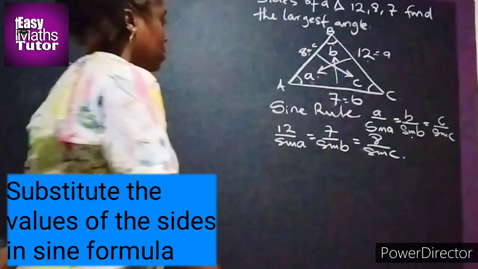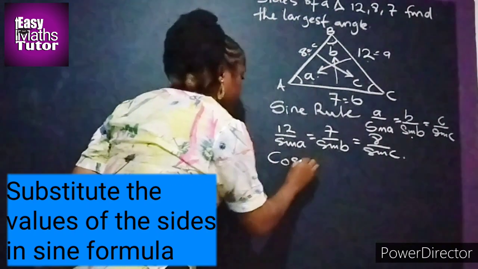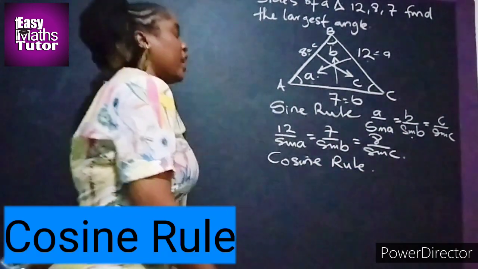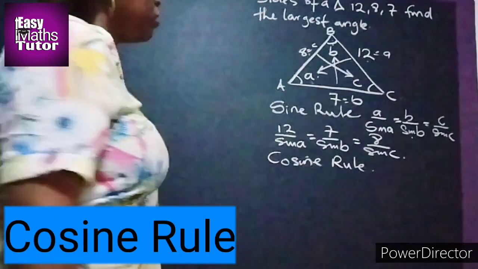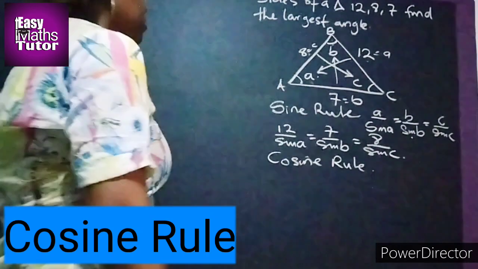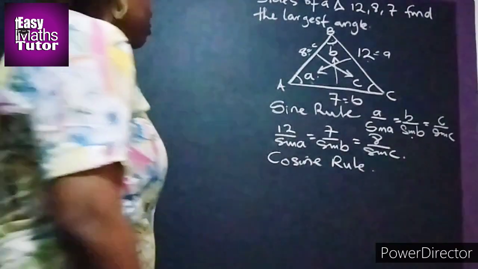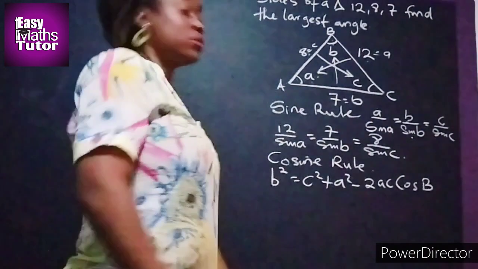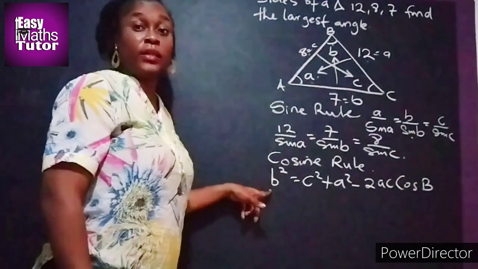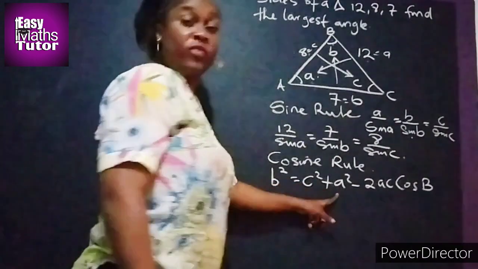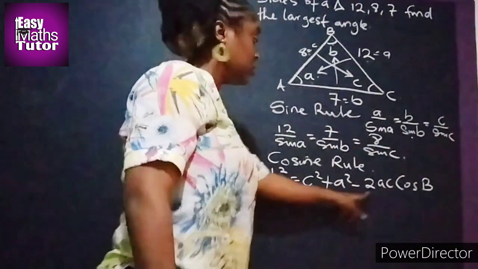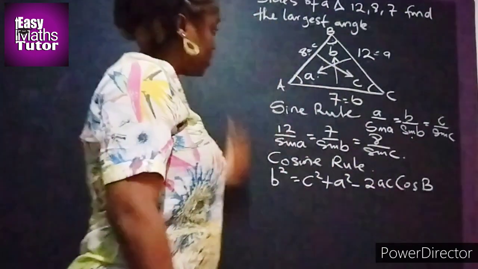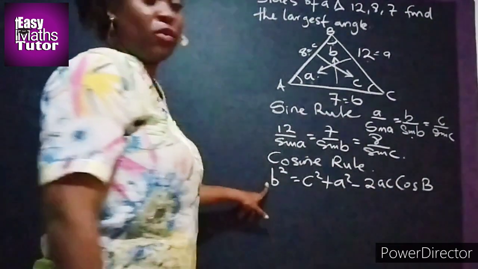And then we're also going to use our cosine rule. We're going to use the two rules and merge them together to find the unknown angles. The cosine rule says the square of one side is equal to the square of the other two sides minus 2 times the other two sides times the cos of the angle of the side in question.